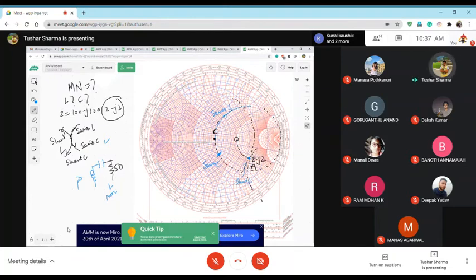If I have to reach here, I can actually come all the way on this Y circle, but that is in an anti-clockwise direction. If it is anti-clockwise direction, ये shunt L, it will be shunt C. So this can be matched both ways.